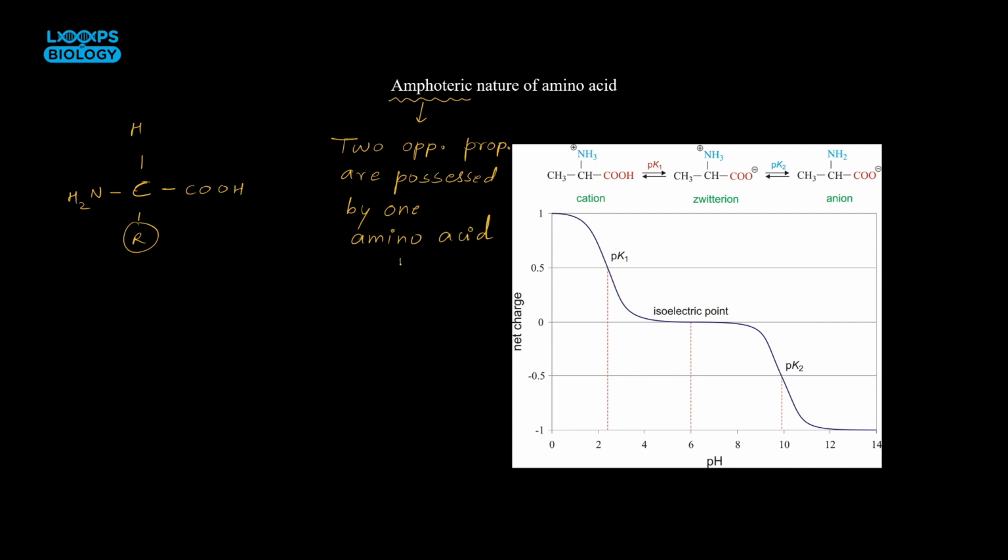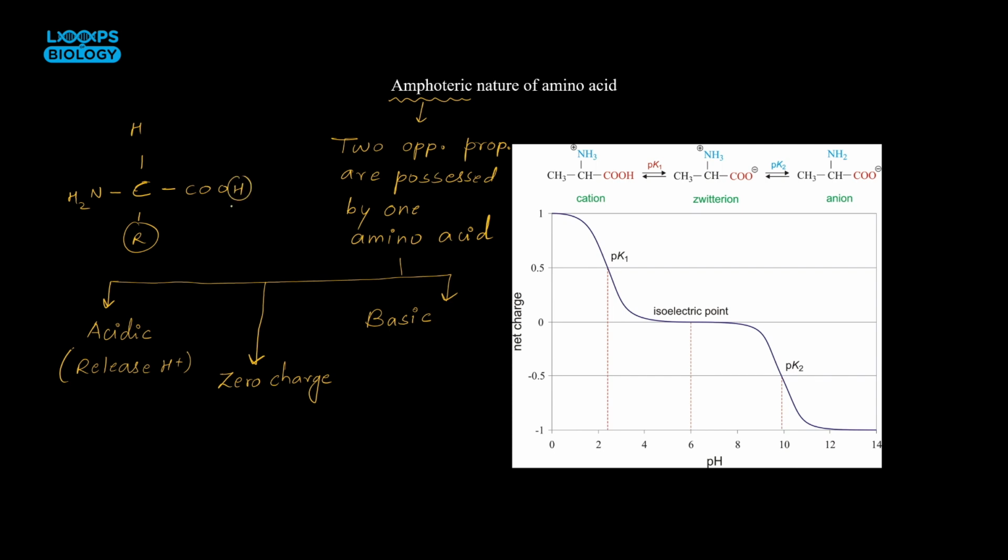Now, what are these two properties? That means your amino acid can act as acidic in nature or it can act as basic in nature, along with your zero charge in between them. Let's see what is going to happen. Whenever I'm talking about acid, that means it will release H+.